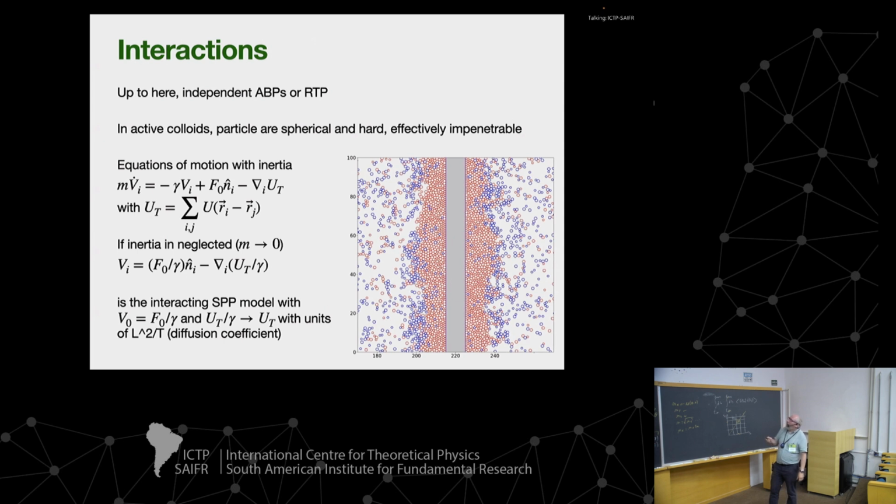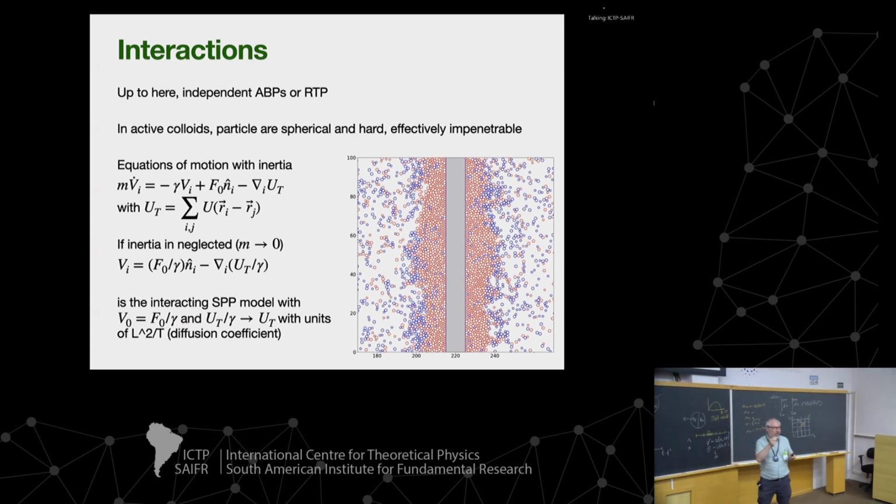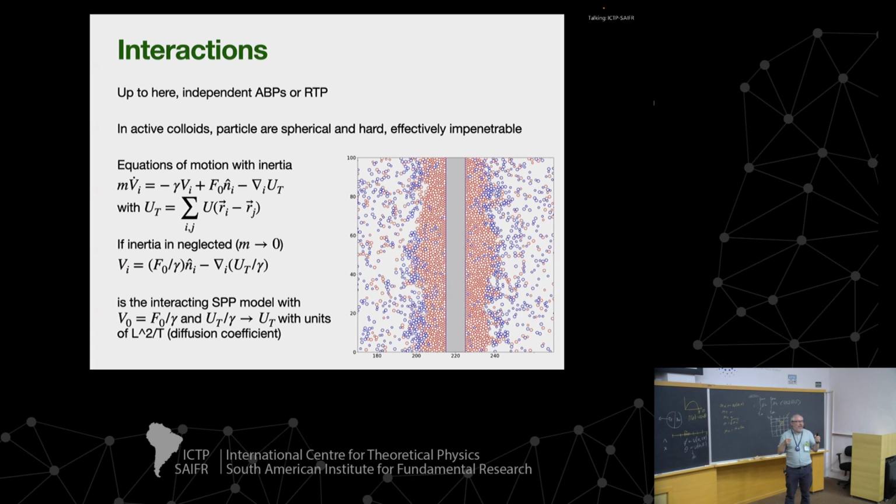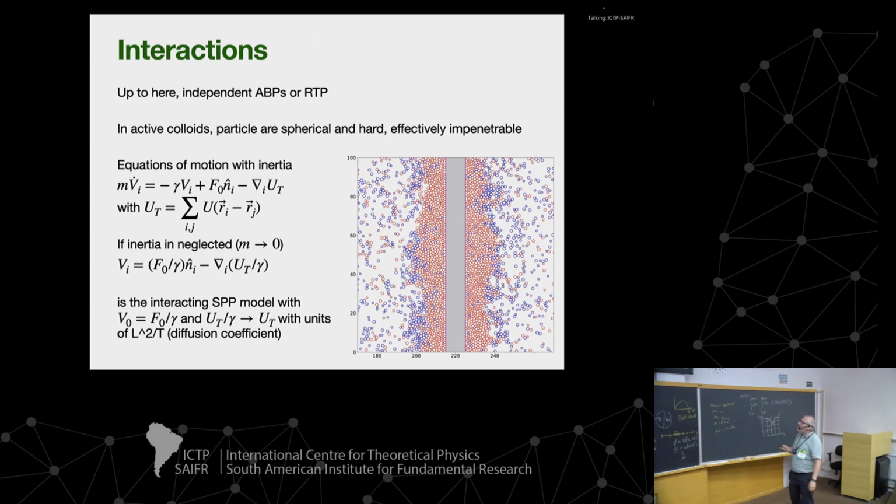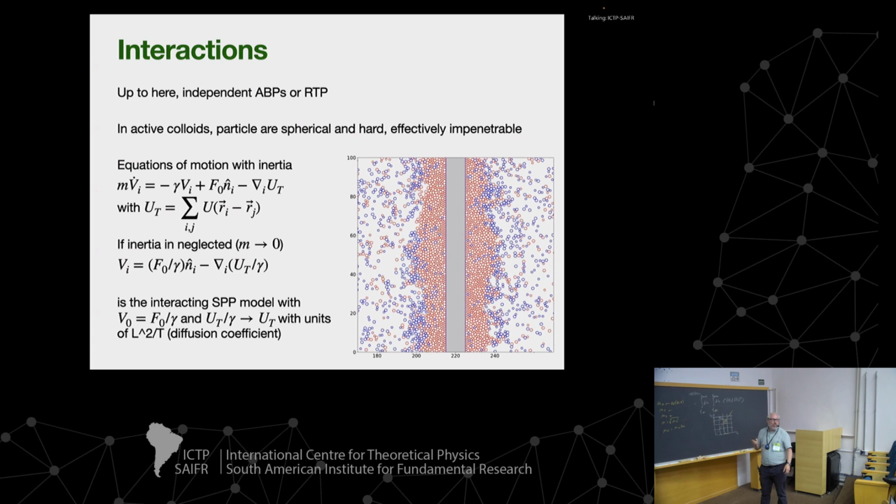Okay. So colloids are spherical, but they are also extremely hard. Normally, active colloids are made of polymers, and bacteria are made of lipids, proteins, whatever. But considering the speeds at which they are moving, they are very strong. They cannot deform at collisions, and in practice they are impenetrable.